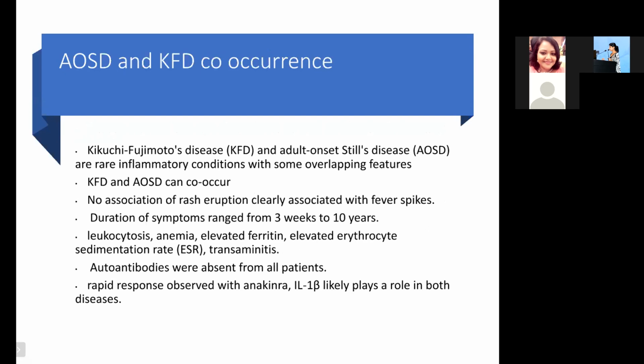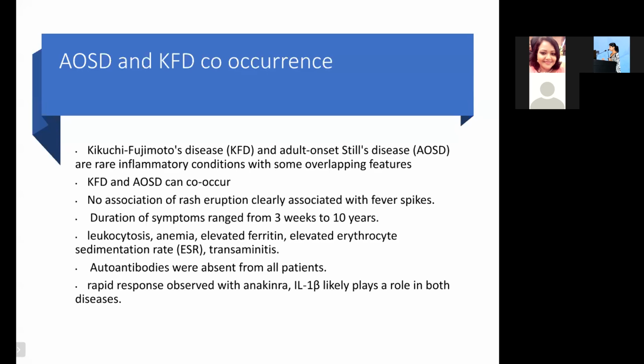As we all know, adult onset Still's disease is a rare inflammatory condition, and Kikuchi disease as well as adult onset Still's disease can co-occur. There are a limited number of case reports available in the literature, and the main feature in Kikuchi disease with coexisting Still's disease is that the autoantibodies were absent in all of these patients.